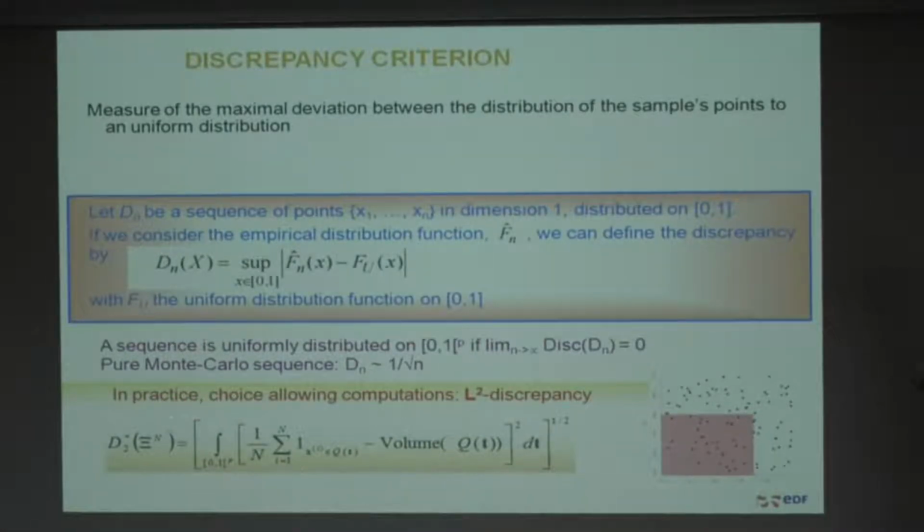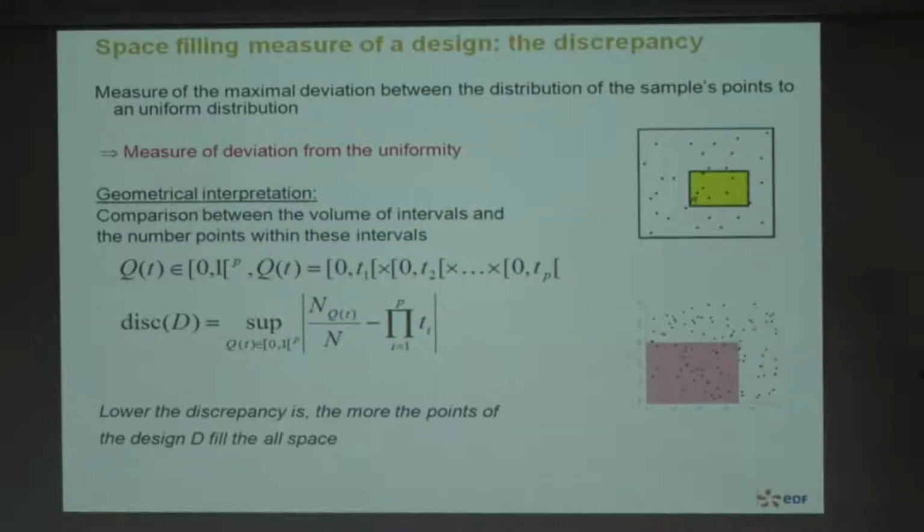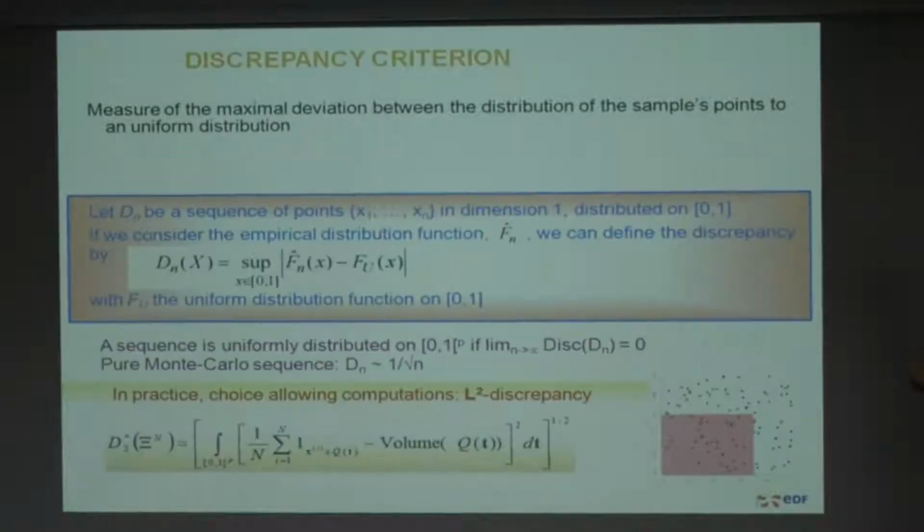Okay, so I write this. You have here the integral. Here you have the previous definition of the discrepancy. So you see I have simplified. Here I have the term, the number of points inside the subinterval, and I have written here 1 over n, the sum of the indicator that the point is inside the subinterval.